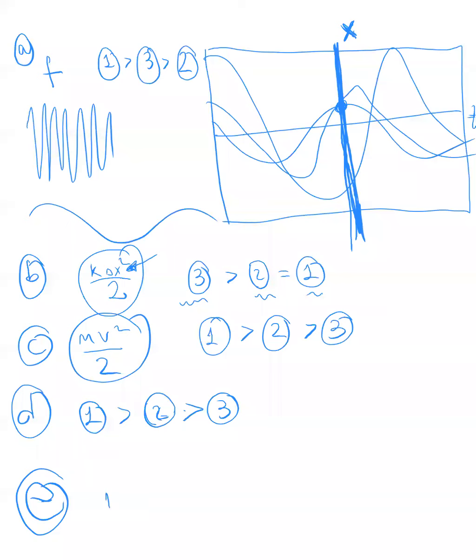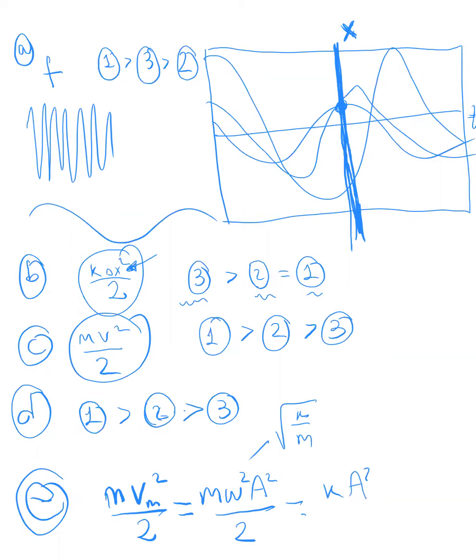For the maximum kinetic energy, it was mass times maximum velocity, Vmax squared divided by 2, and maximum velocity is omega times A, so omega squared times A squared. And since omega is the square root of k over m, the m will cancel out and we will get k times A squared divided by 2.